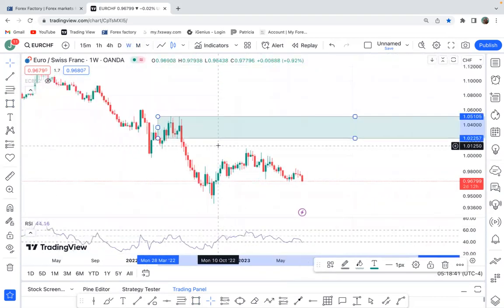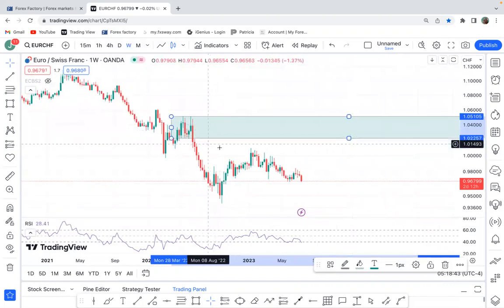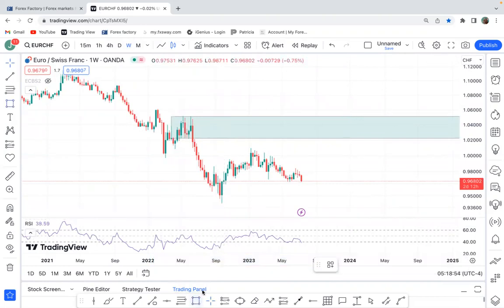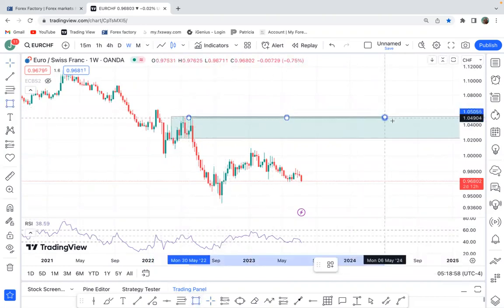In that area, that green rectangle, the last opposing candle before the bearish impulse is going to be your weekly refined order block. That means you're taking another rectangle and shading it out.